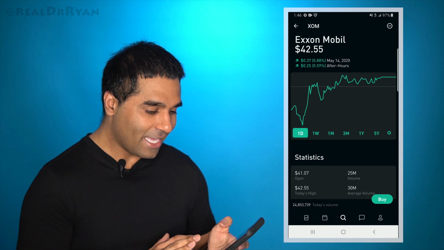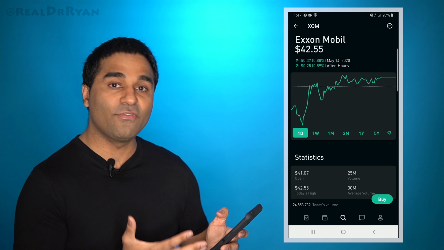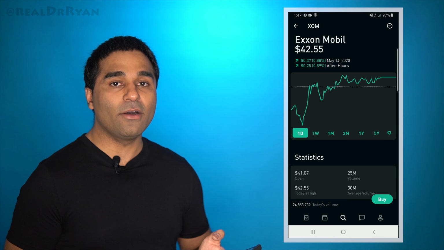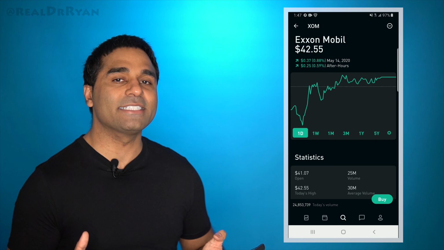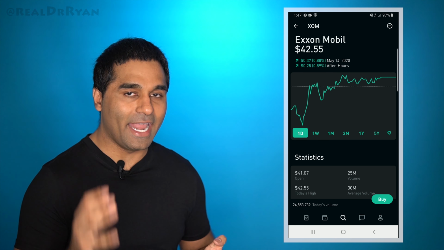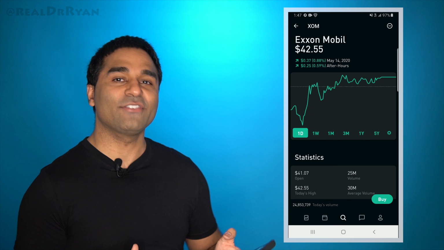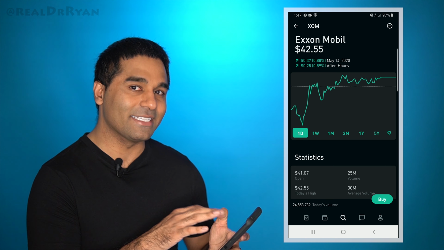Now, if you're looking at the ExxonMobil screen here, it tells you that the price is $42.55. Now, a market order is an order that basically states that I want to buy the stock now. I want to buy it at market price. Now, we're a little after hours here, and you know we're after hours because the price isn't moving.